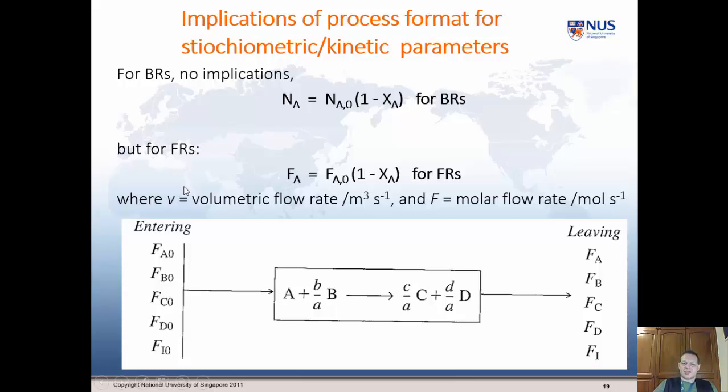But for flow reactors, we can't use that. We have to use a molar flow rate. So if it's a batch reactor, you can use N, but for a flow reactor, usually you will use fluxes F. And again, you have a diagram here, which I think helps to understand. And we will use moles per second as our flow unit in the rest of this lecture.